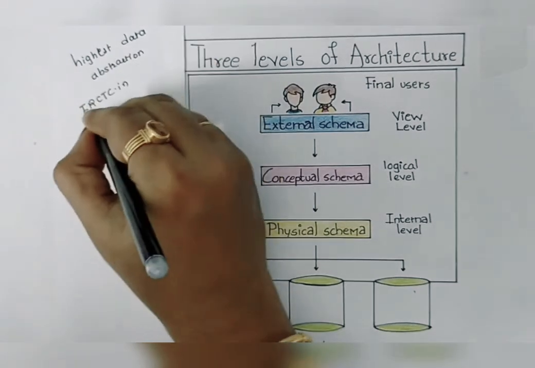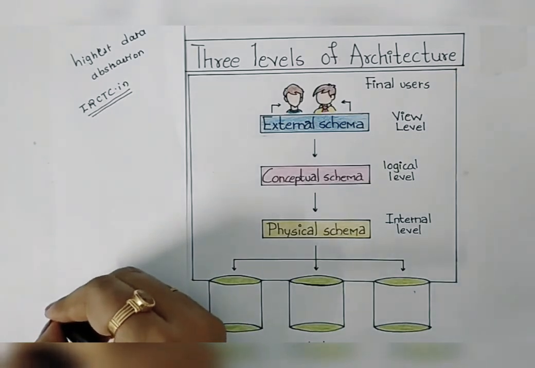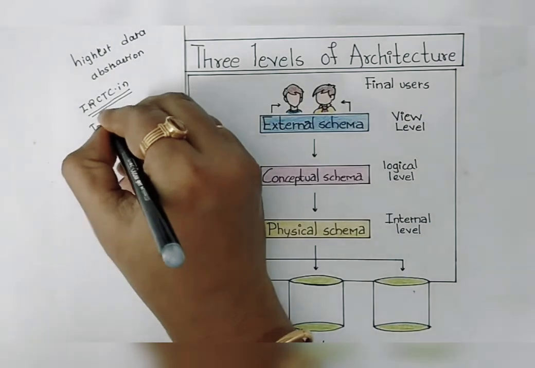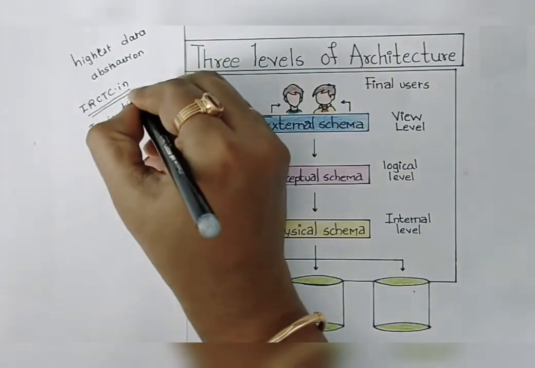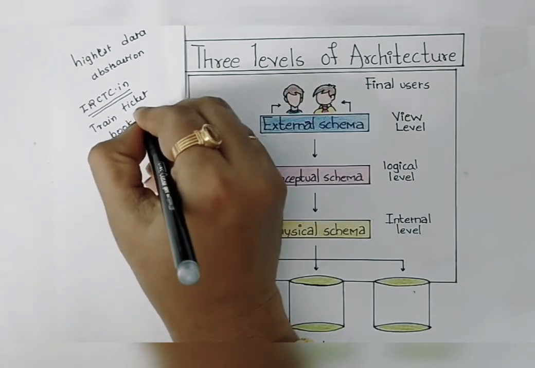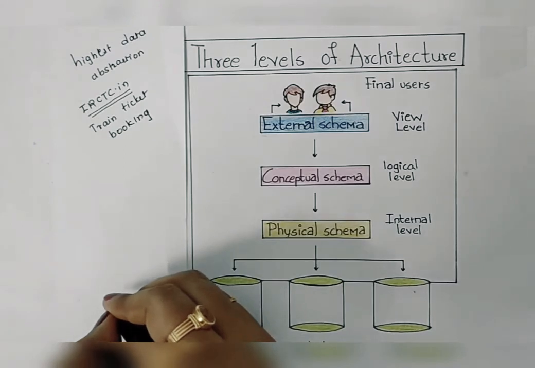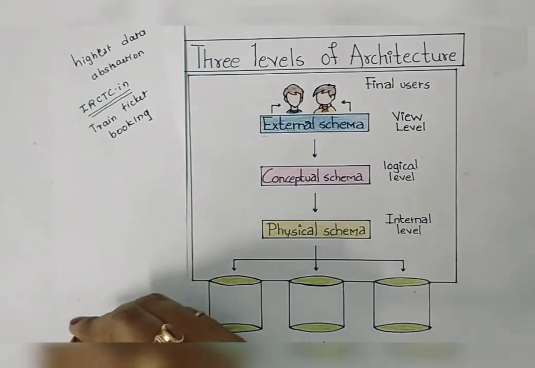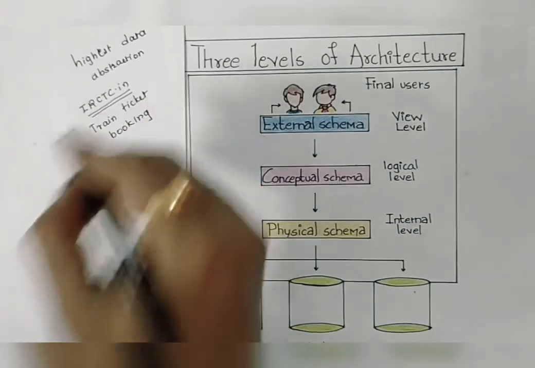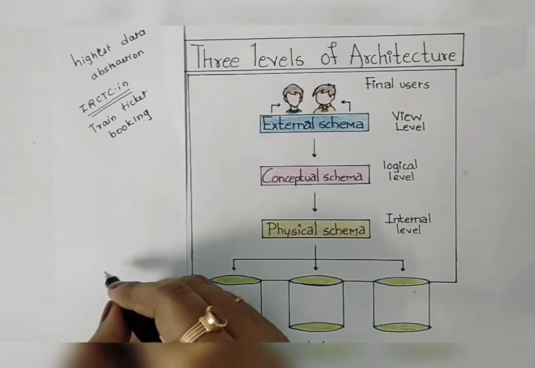So we can take the example of irctc.in. This website provides the train ticket booking. So if you want to book a train ticket, or if you want to view the train details, you can visit this site. So there are 2 types of user in this site.